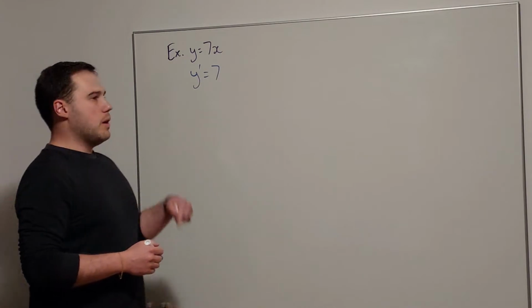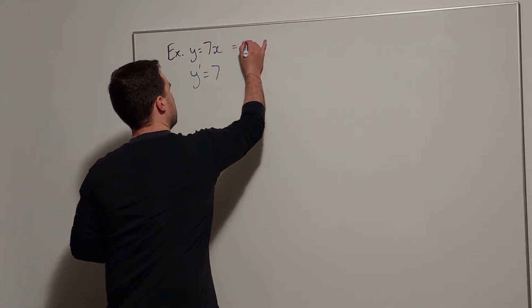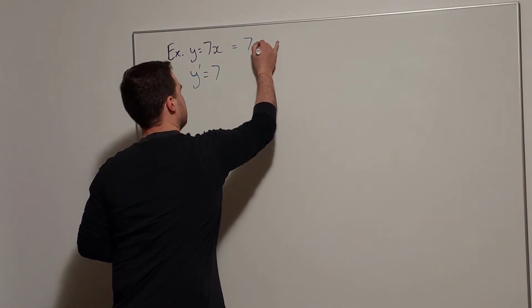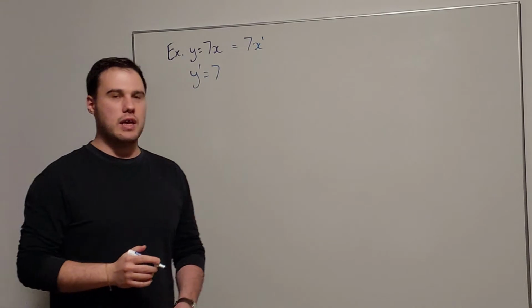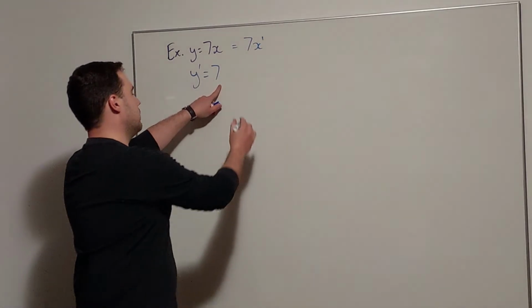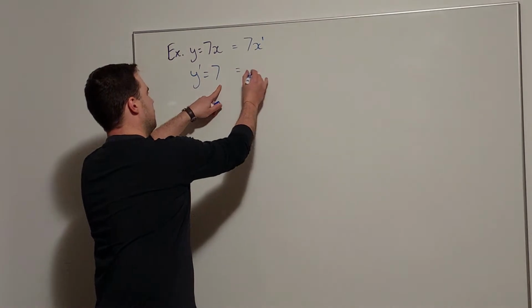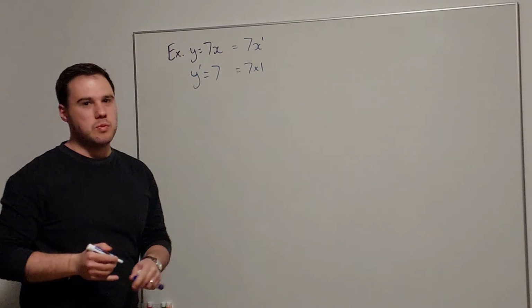Okay, but now that we know the power rule, let's think of 7x as 7 times x to the 1. And also let's think of 7 as 7 times 1.